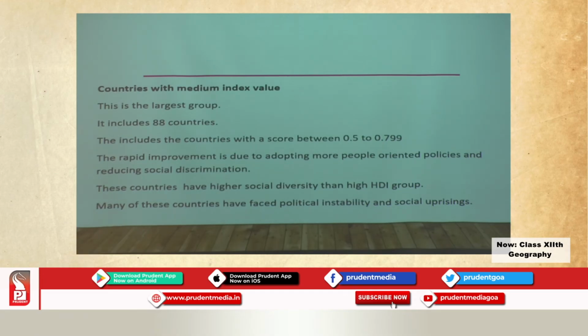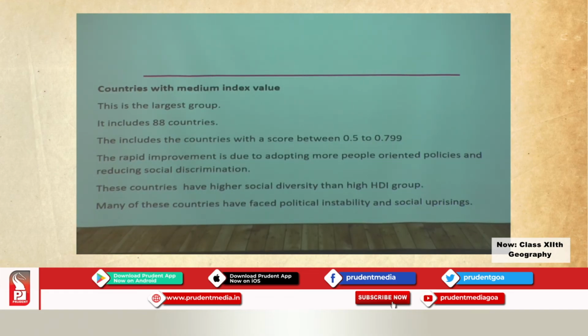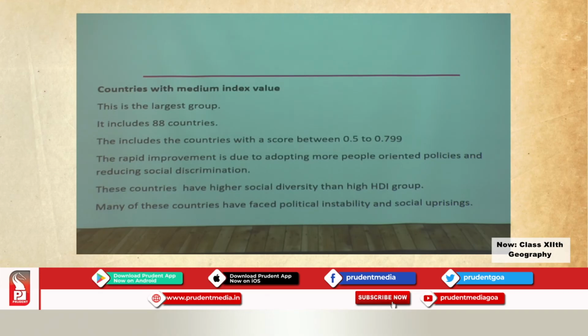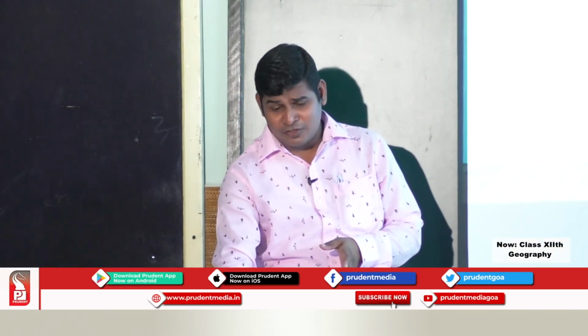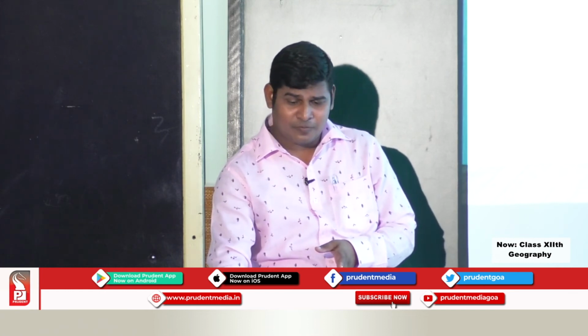And these are the countries which have witnessed political instability. There were political problems and political confusions witnessed in these countries. Social uprisings, rebellions, revolt in these countries. So, these are the features of the countries with medium index value.